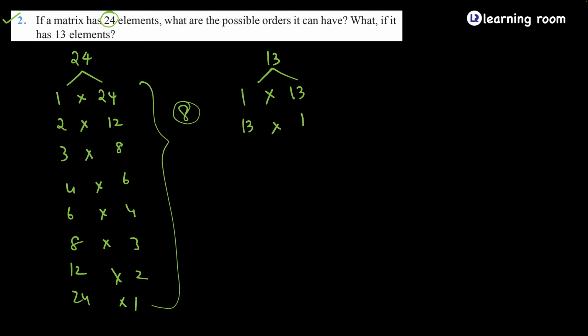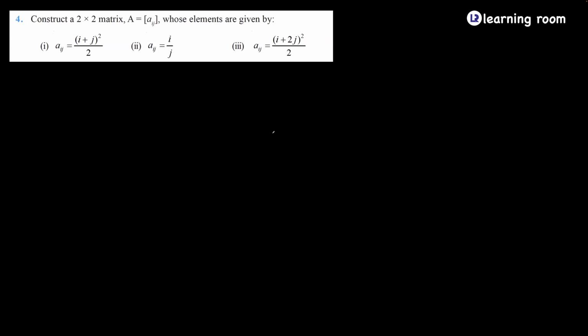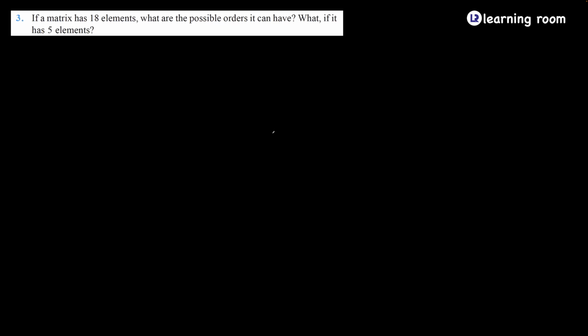Clear with this? Shall I proceed? Okay. Now, what is the third problem? If a matrix has 18 elements, what are the possible orders it can have? Again, 18. How are you going to break it as? 1, 18, 2, 9, 3, 6. 4 doesn't work, 5 doesn't work.